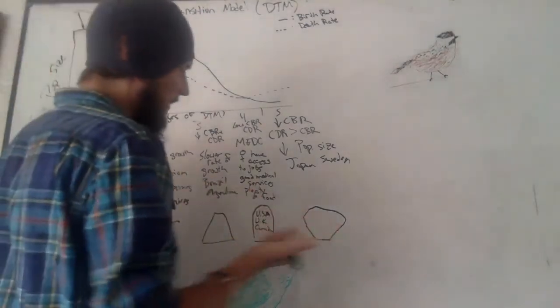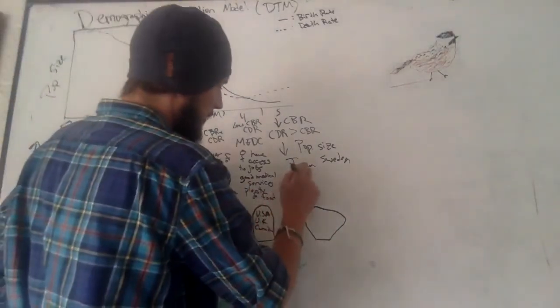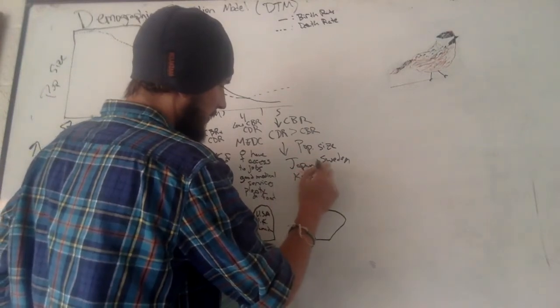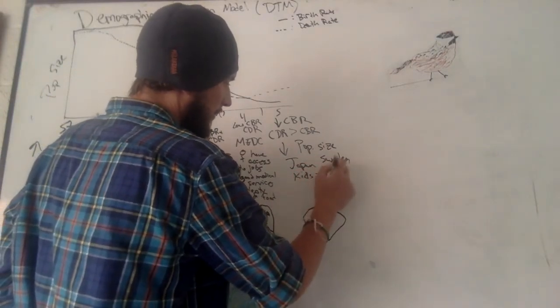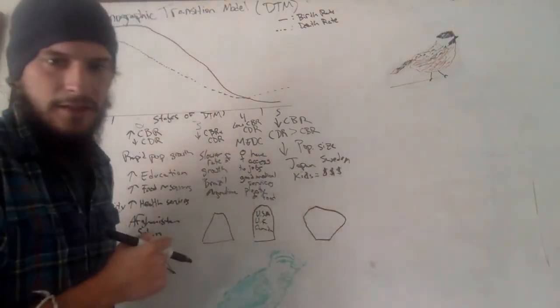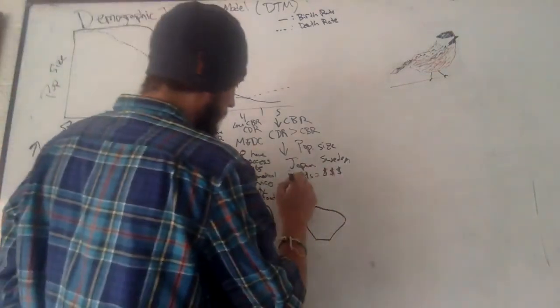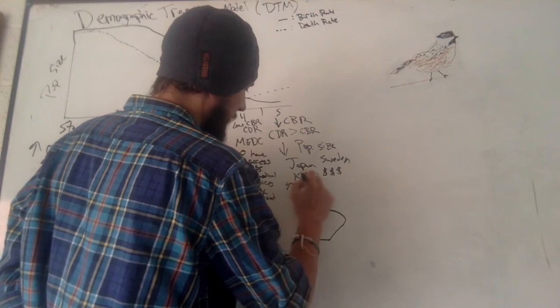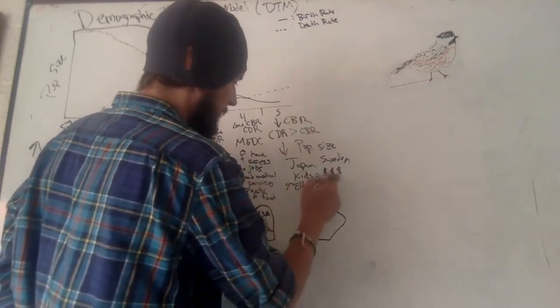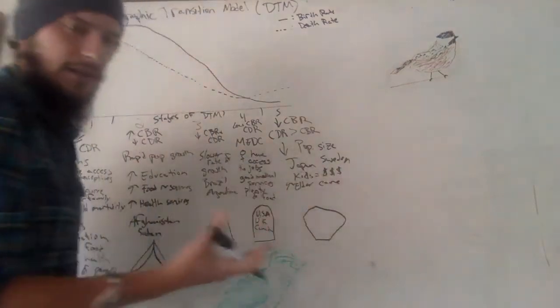And this might happen for a variety of reasons. Kids are expensive in these countries, so maybe there's an incentive to have fewer children. There's increased elder care, so we do really well at taking care of old folks, so they tend to live longer.